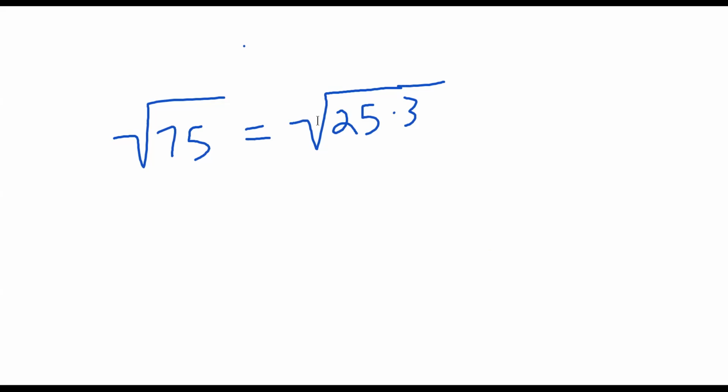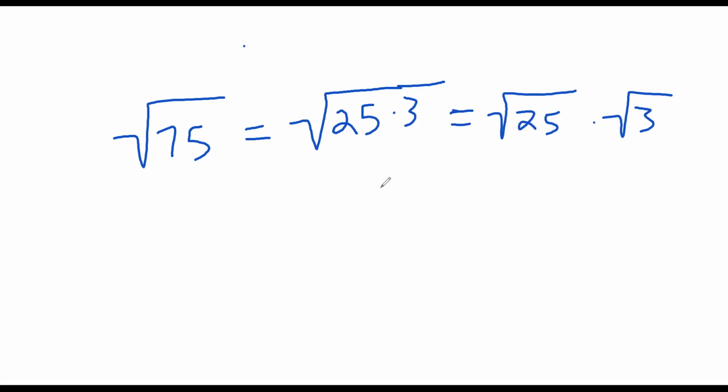Anyways, the reason I rewrote it as 25 times 3 in there, I had a little bit of a deceptive idea behind that, is because now I'm going to apply that rule that says I can split the square roots up and multiply them separately as the square root of 25 times the square root of 3. Why would I do that?